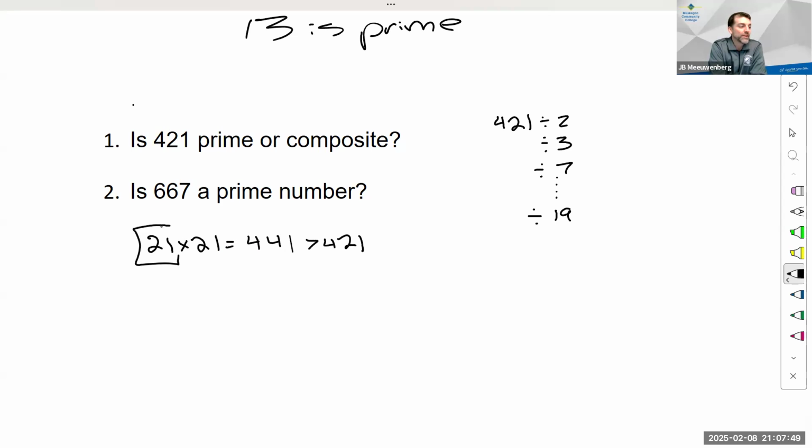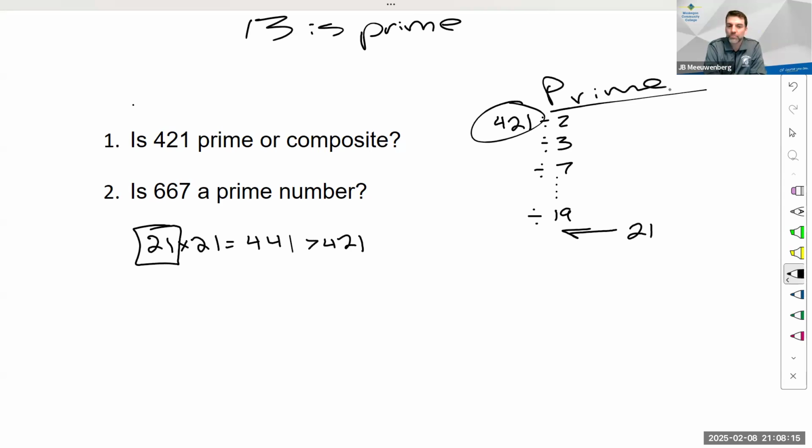So 21 is the maximum, right? Once you get to 21, you stop. And the last previous prime number before 21 is 19. So if you check 2, 3, 7, 11, 13, 17, 19, and none of them work, which they don't, then 421 is prime.